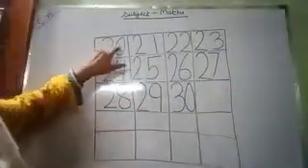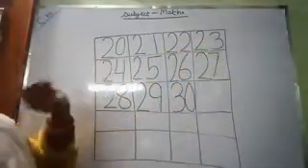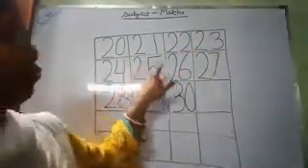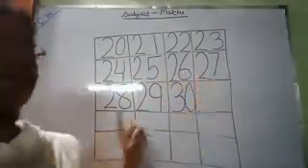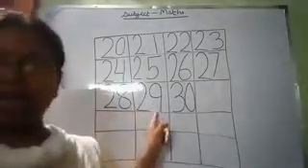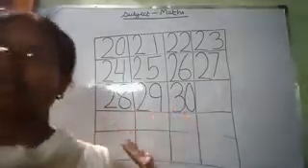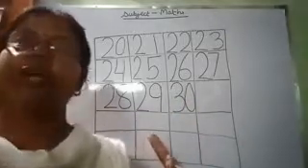Like 20, 21, 22, 23, 24, 25, 26, 27, 28, 29, 30. Like this you will say and write. Okay, that's all for today. Thank you.